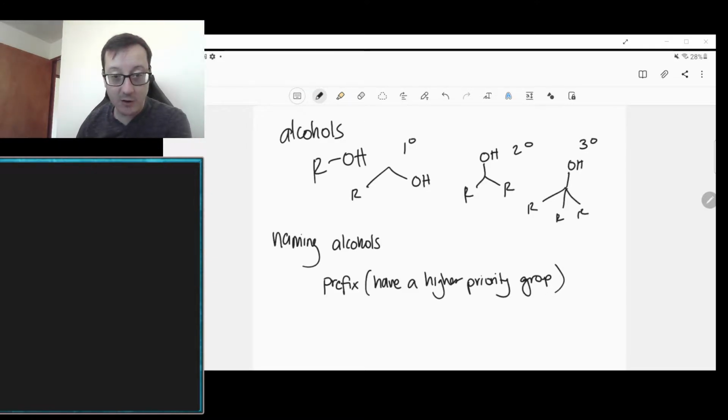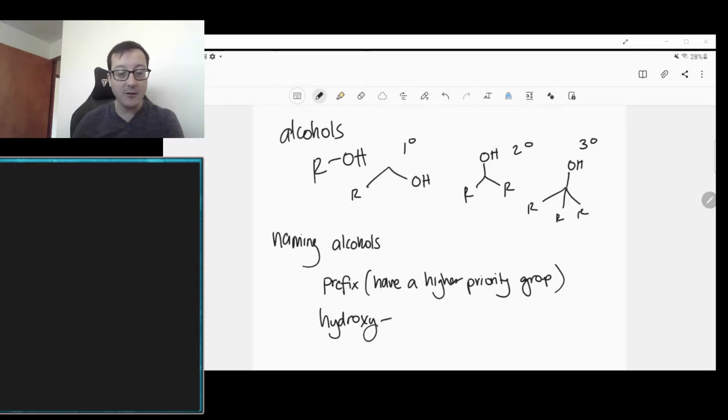For right now, alcohols will be our highest. That one, the name is hydroxy. So if you have something that's got a higher priority than an alcohol, so say you have a ketone or something, if you're naming that ketone, you'll name an alcohol as a hydroxy group upon your molecule.